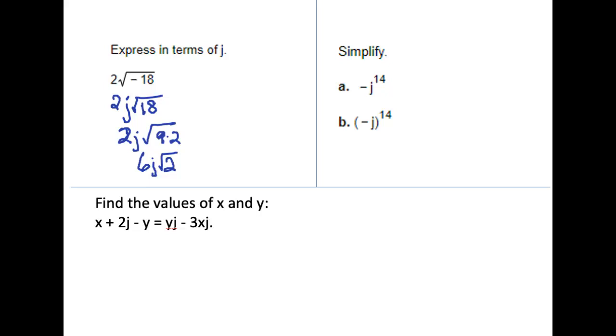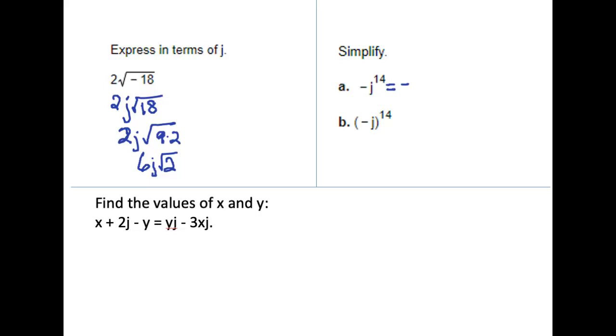Now, in this one over here, we're thinking about those powers. When I have a negative outside of a base raised to a power, that just means you take whatever your final answer is and put a negative in front of it, or take the opposite of it. So here, the remainder when we divide 14 by 4 is 2.